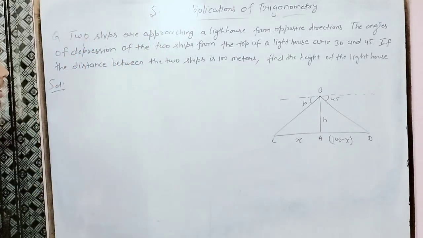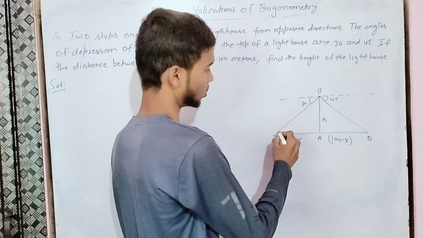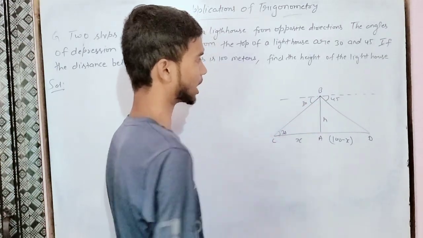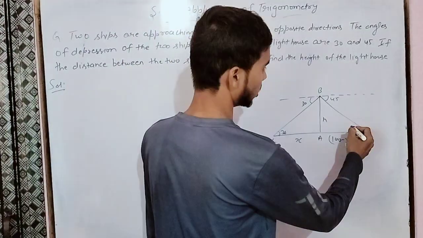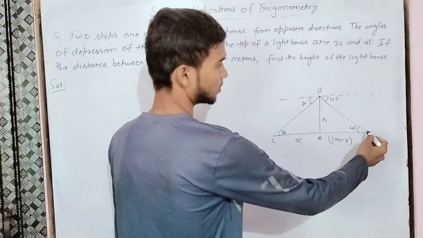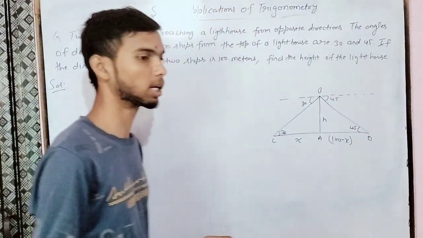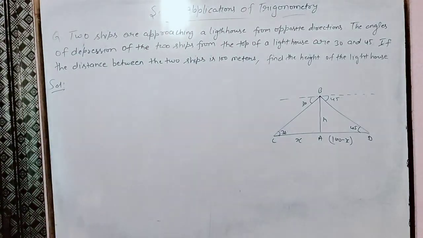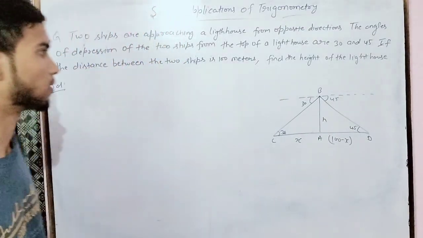So how to find it? First of all, we have a corresponding angle. If this is 30, this will be 30 because of corresponding angles. If this is 45, this will be 45. Here, this side will be something else, not 45. So this will be 180 minus 45, which is 135.